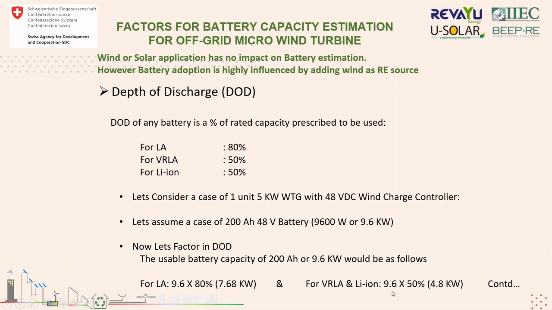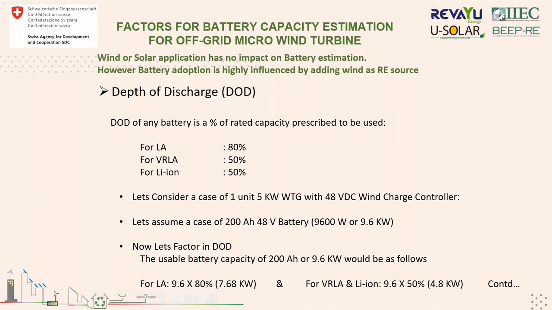So when you multiply the same capacity battery, say a 200 Ah battery, with a DOD of 50%, then you can actually consume only 4.8 kilowatt.